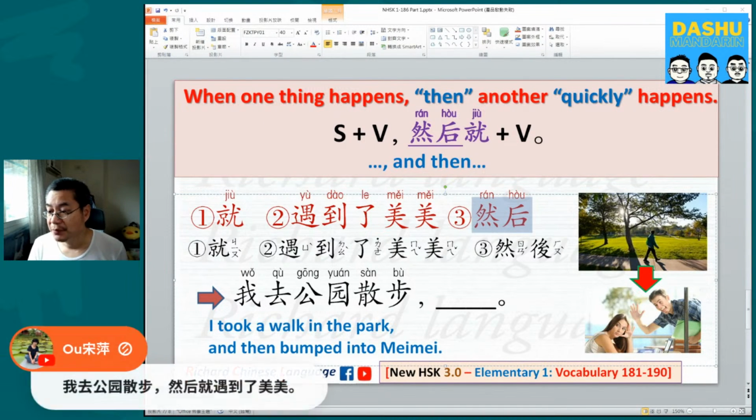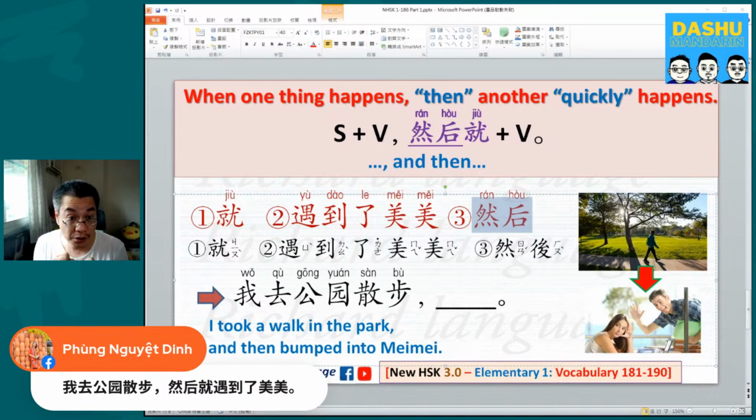What's the answer? 我去公园散步，然后就遇到了美美. So you can see in Chinese, this is the third structure, 然后就, and it is really commonly used. Oftentimes we use a verb after 就.